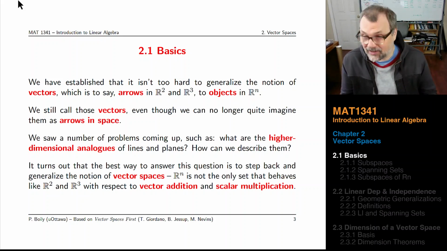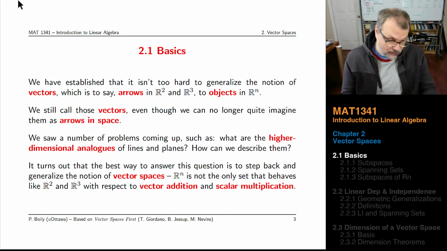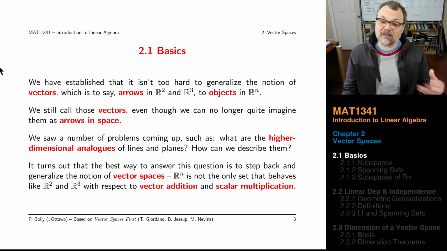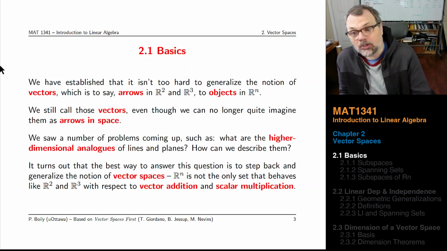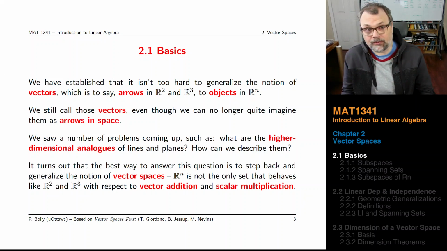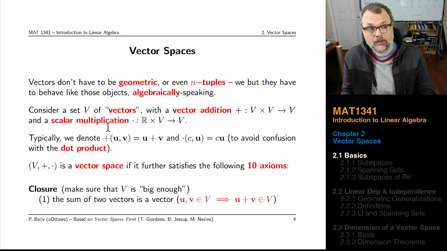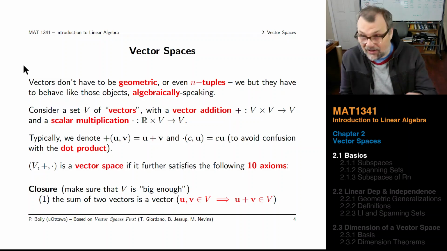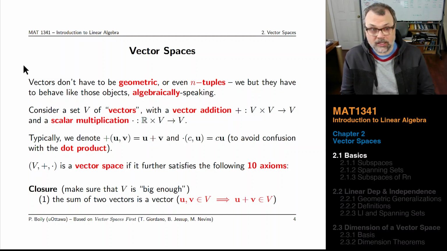The commonality is these properties, and then we call them vector spaces, because when we can say something about one vector space in a general setting, it typically also applies to other vector spaces. Vectors don't have to be these arrows, these geometric arrows, or even n-tuples. But vectors are things that behave like arrows and n-tuples from an algebraic perspective.